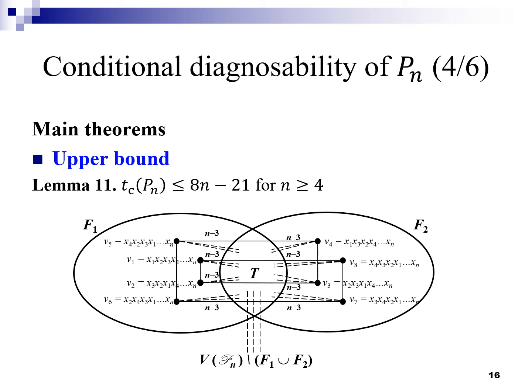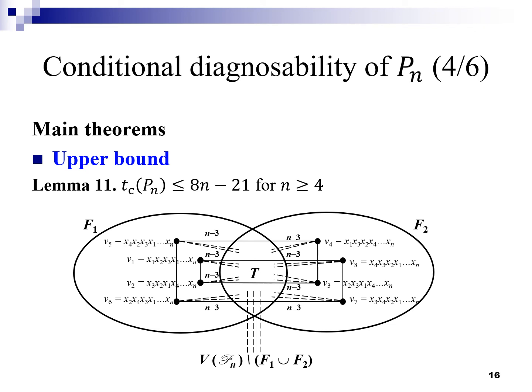In lemma 11, which states that the conditional diagnosability of the Pancake graph Pn is at most n minus 21 for n at least 4.